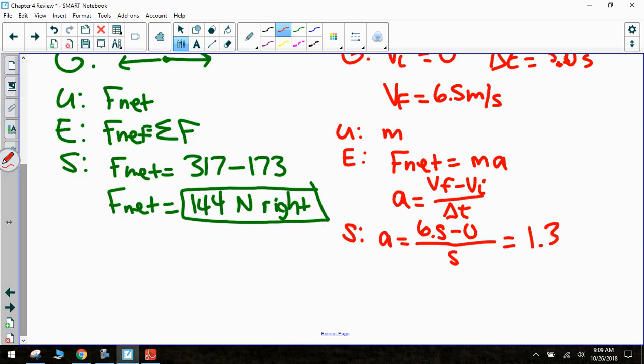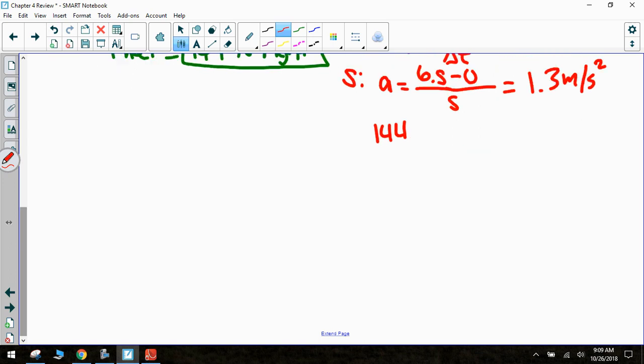And then, what's the unit for acceleration? Meters per second squared. All right, so now I've got A. I can plug it into this equation. So F net was 144 equals M times 1.3. So what's happening to the M?